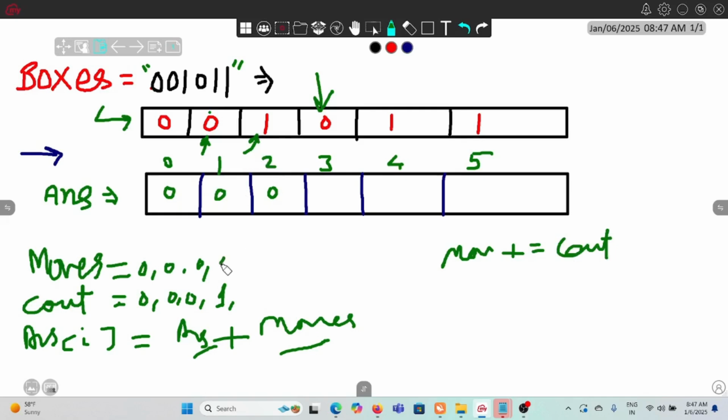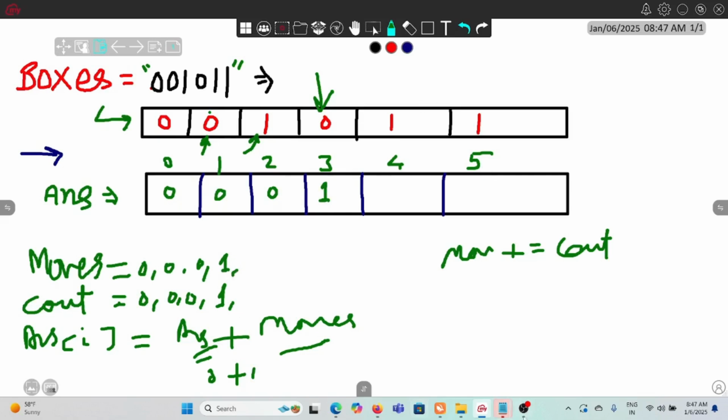So this time moves would become 1 here. Now we are coming to this guy, at index 3. So this would be 0 plus moves, which is now 1. So it would become 1 here, right? Now our moves is 1.